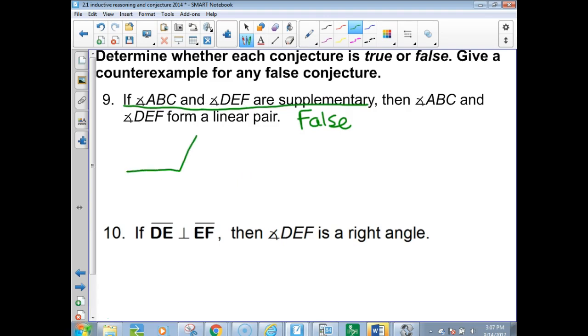I can make an angle ABC, and say that's 110. And then I made an angle DEF, and I said that one is 70. Well, those are supplementary, but they don't have to form a linear pair. So this would be the counterexample.